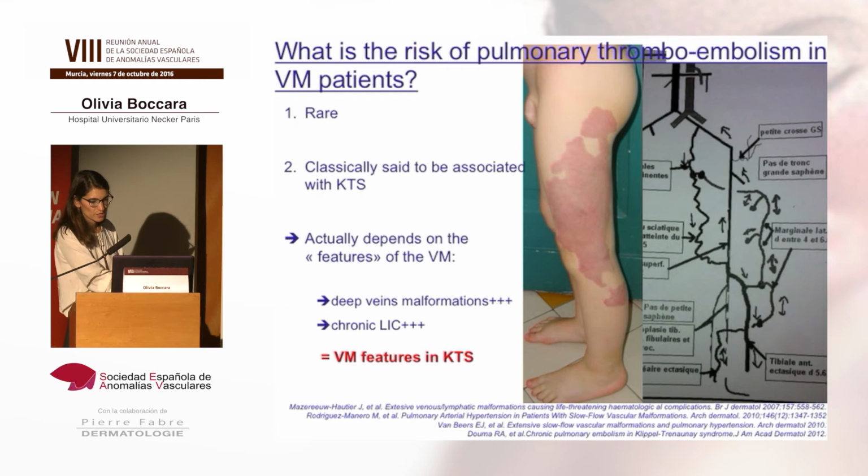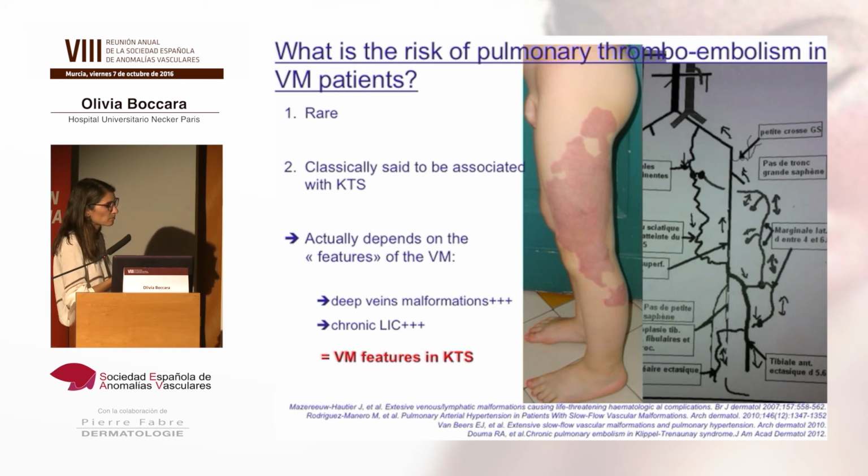The last question I wanted to address was the risk of pulmonary thromboembolism in venous malformation. Actually, it's really rare, and it was classically said to be associated with Klippel-Trenaunay syndrome. The truth is that it probably really depends on the type and the features of your VM.